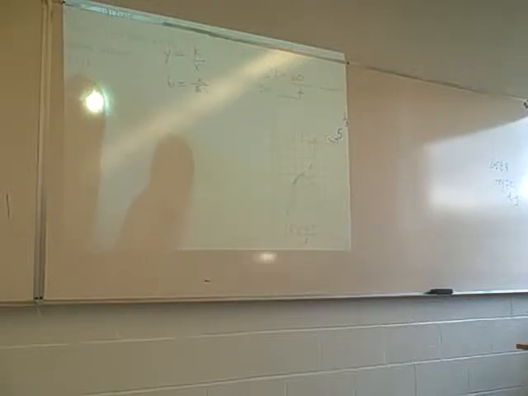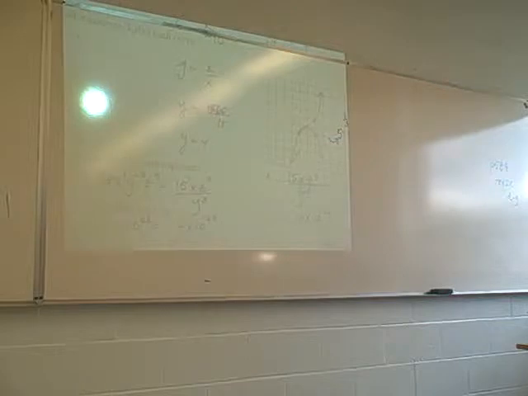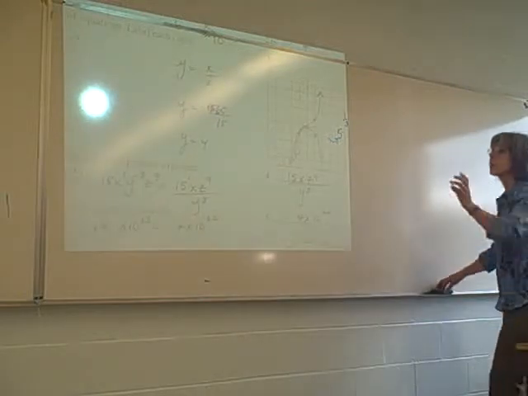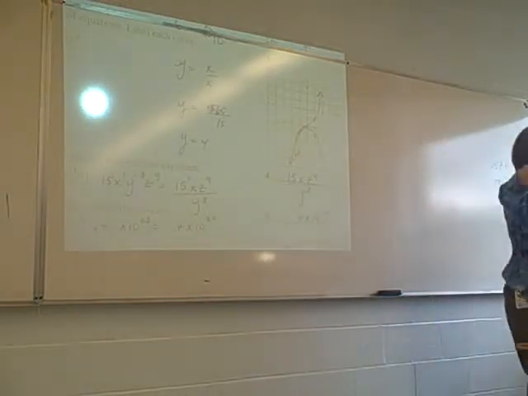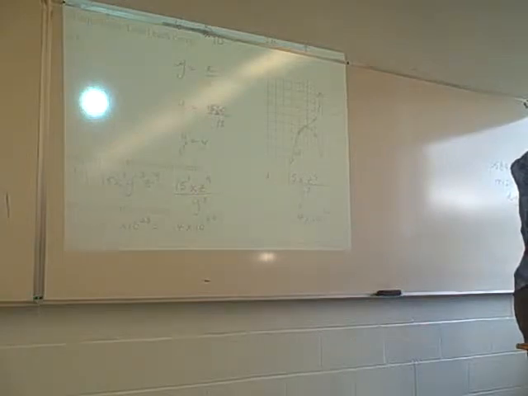Okay, number 3. I asked you to graph and label each curve. x to the 3rd we know has this shape. And it was y equals negative x to the 4th, so if it's an even exponent, it has to be facing down.